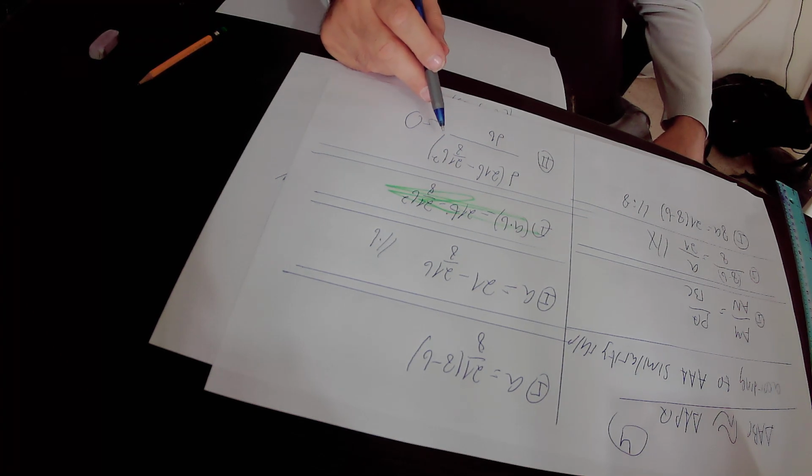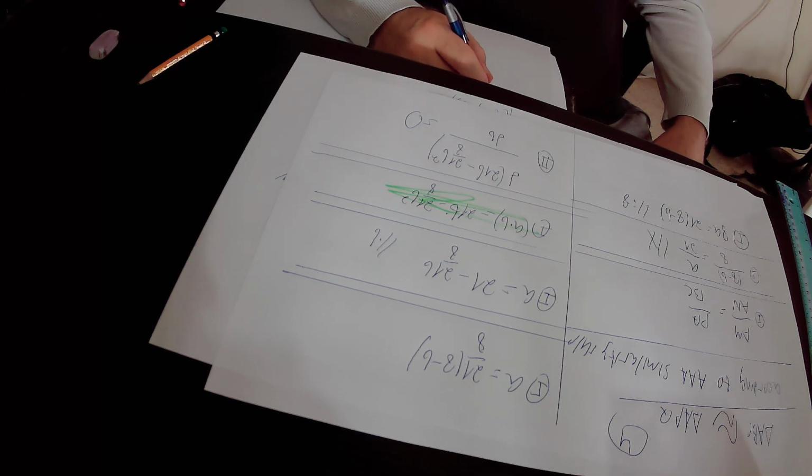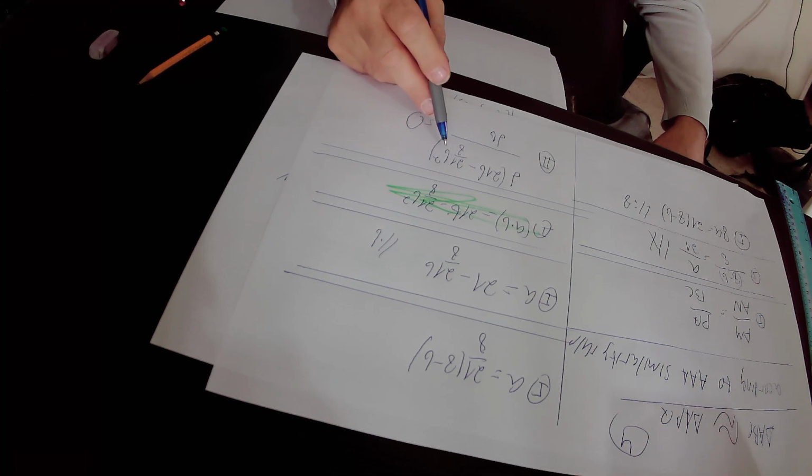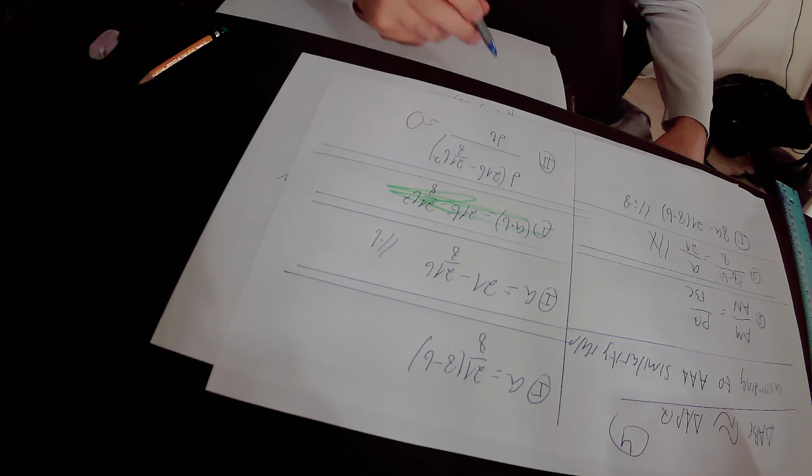And what is the derivative of minus 21 over 8 times b squared? Actually, we know that the derivative of b squared is 2b, and therefore this expression will be equal to minus 21 over 8 times 2b.